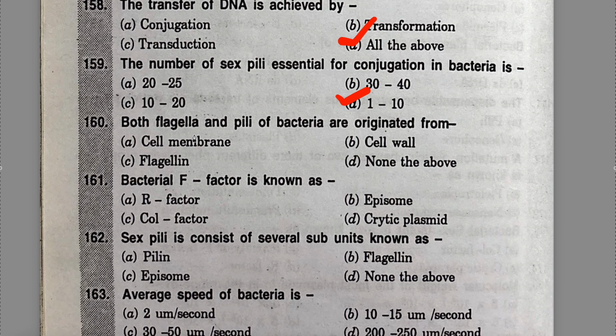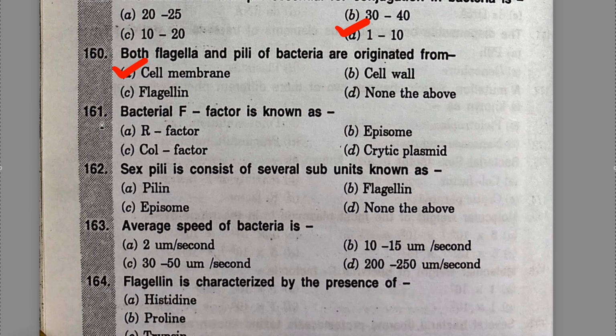160. Both flagella and pili of bacteria originate from cell membrane, cell wall, flagellin or none. Answer option A. 161. Bacterial F factor is known as R factor, episome, Cole factor or cryptic plasmid.